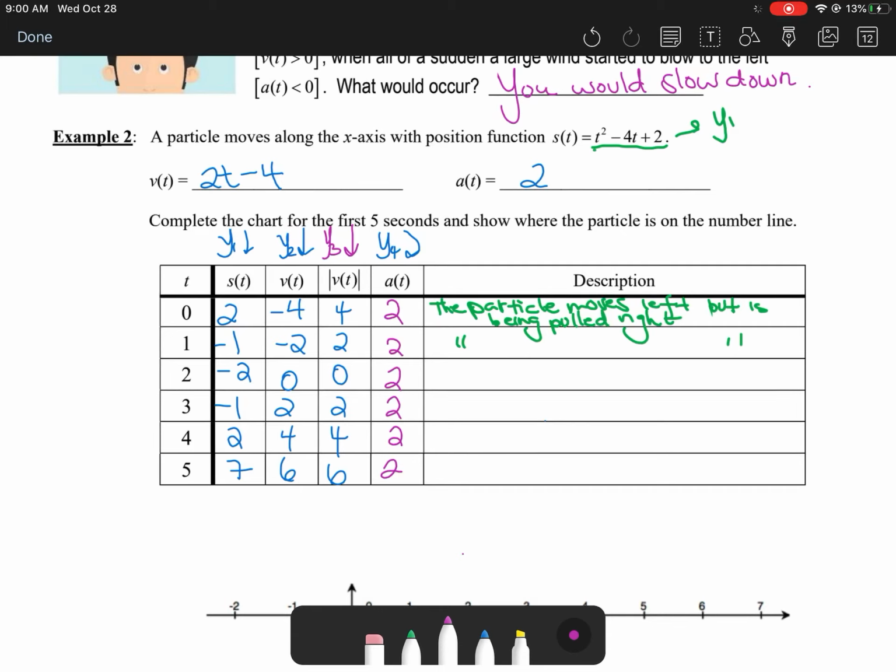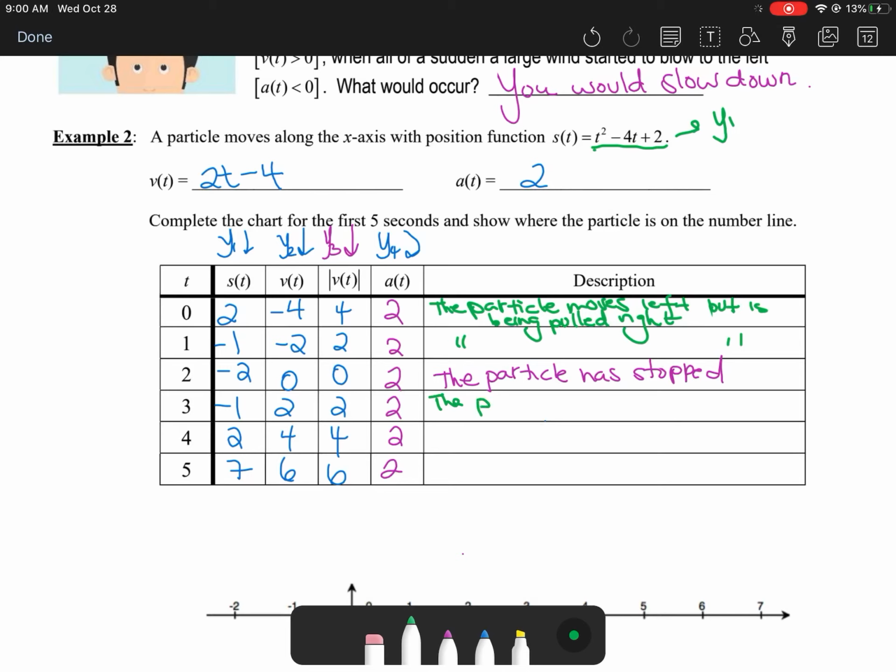Well, at 2, I'm noticing the velocity is 0. So anytime that velocity is 0, the particle is stopped. Okay, so then let's go to the next one. The velocity is positive and the acceleration is positive.